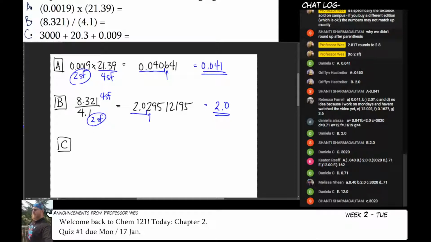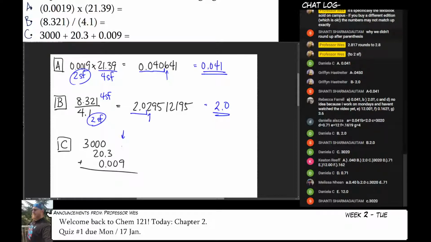For problem C, it's an addition. An addition I have to do vertically. And remember that addition goes by places. What place, coming from the right, is the first place that has a significant figure in every number?